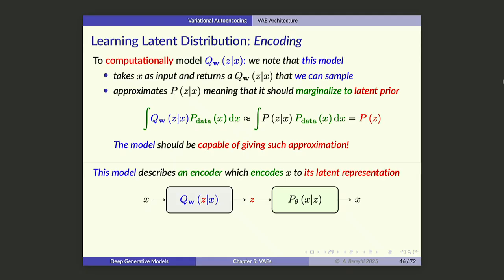That would shrink my model significantly. I essentially have no model anymore. This simply means that it could be any W, but there should be at least one W which has this property. Because if I have no W with this property, then for no W is this Q going to approximate the posterior.